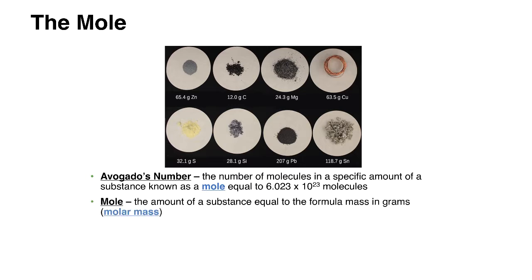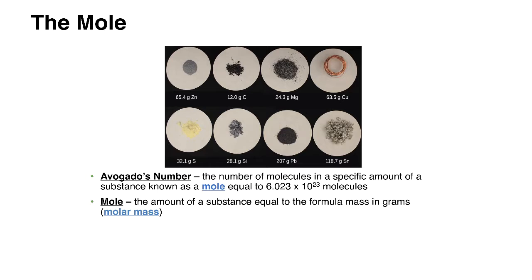Now the mole, as I said, is the amount of substance that's equal to the formula mass in grams. You may have noticed, for example, carbon there, 12 grams. Well, if you look it up on the periodic table, 1 carbon atom has a mass of 12 AMU.